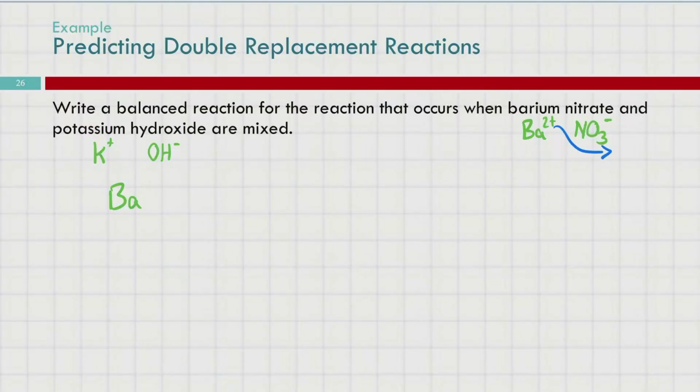In the case of our barium nitrate, we've got one subscript to crisscross. So Ba(NO3) with a 2 outside of the parentheses. We've got two nitrate groups. Our other reactant, potassium hydroxide, is just KOH.